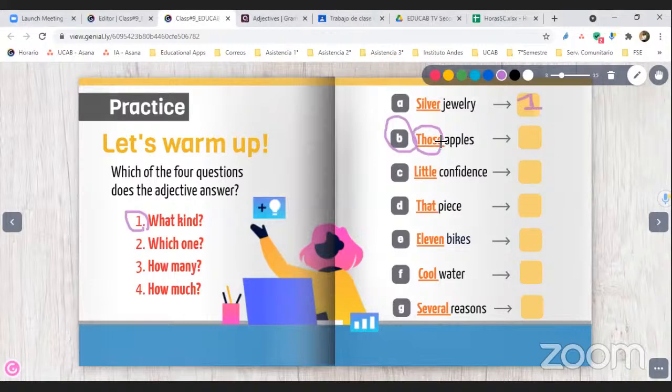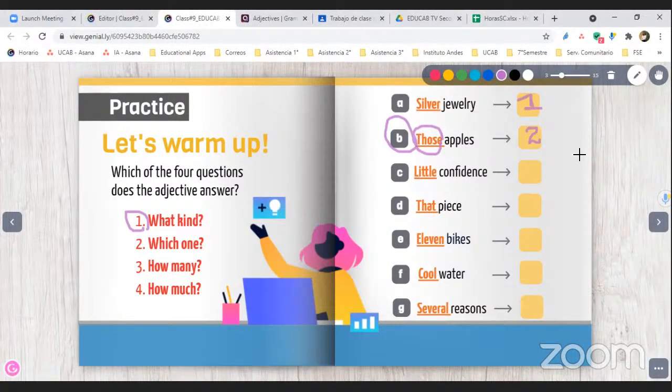And we just spoke about an example with the word these. Remember, these, that, and those help us specify the noun we're speaking about. For example, we're not speaking about any apple, we're speaking about those apples. So this one should be which one? Number 2, because we're specifying which one.